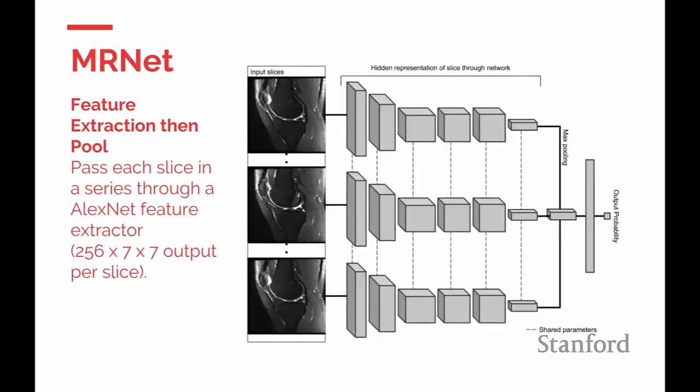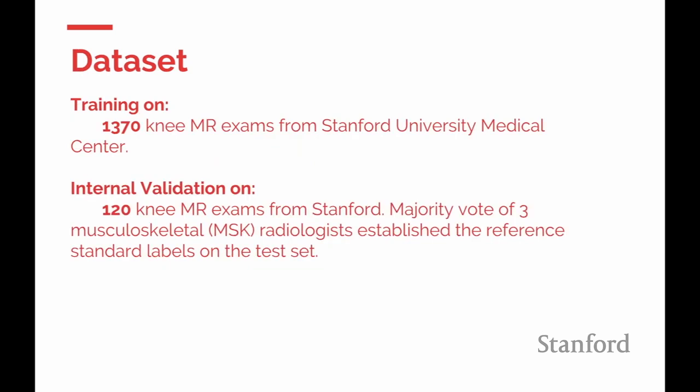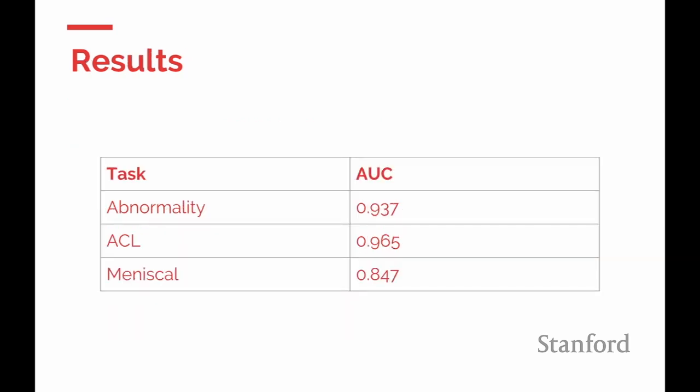So here's what each convolutional neural network looks like. I have a bunch of slices within a view. I'm going to pass each of them to a feature extractor. I'm going to get an output probability. So we had 1,400 knee MR exams from the Stanford Medical Center, and we tested on 120 of them, where the majority vote of 3 subspecialty radiologists established the ground truth.